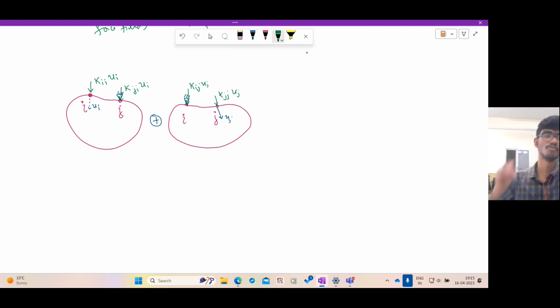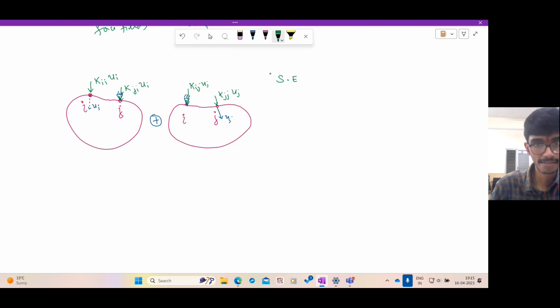So, what is the total strain energy in this body? We have already seen that it is just half into the work done by the forces acting through the displacements. So it is nothing but the strain energy. Let us suppose this is applied first, right?